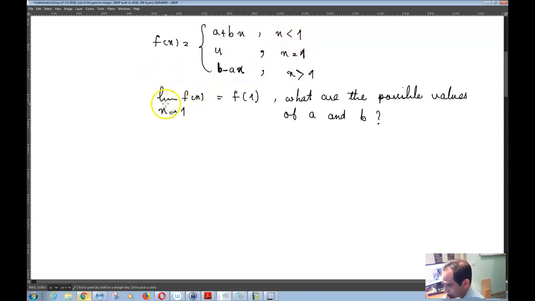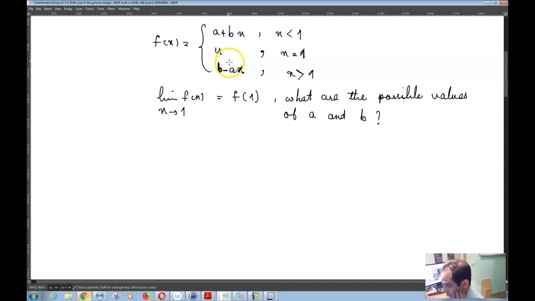Now the limit of f of x when x tends to 1 is f of 1, which is equal to 4. The possible values for a and b are any a and b really.